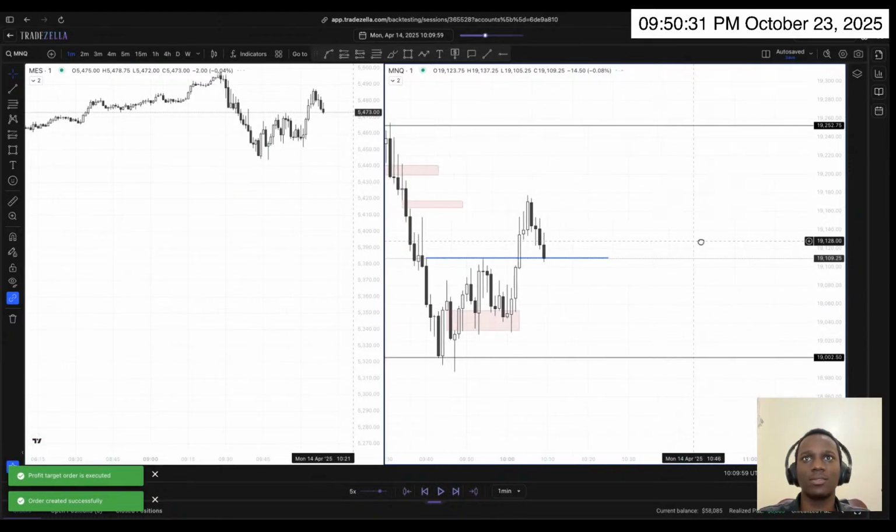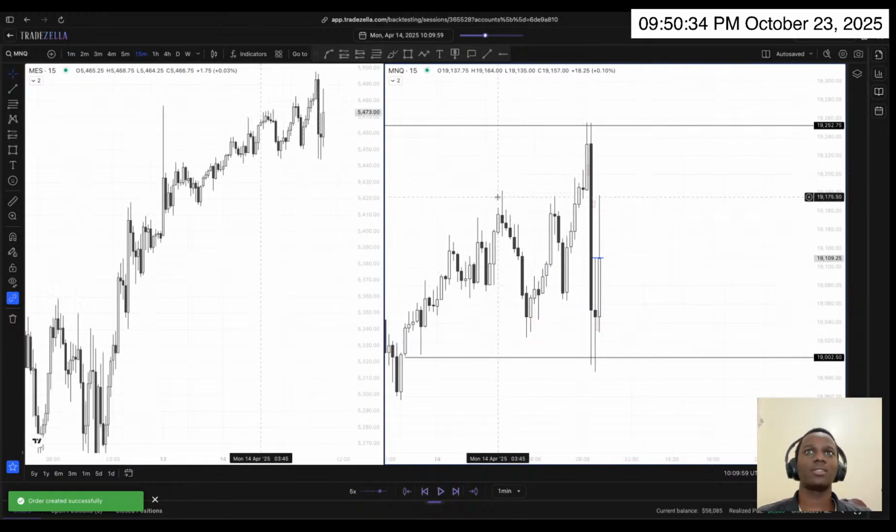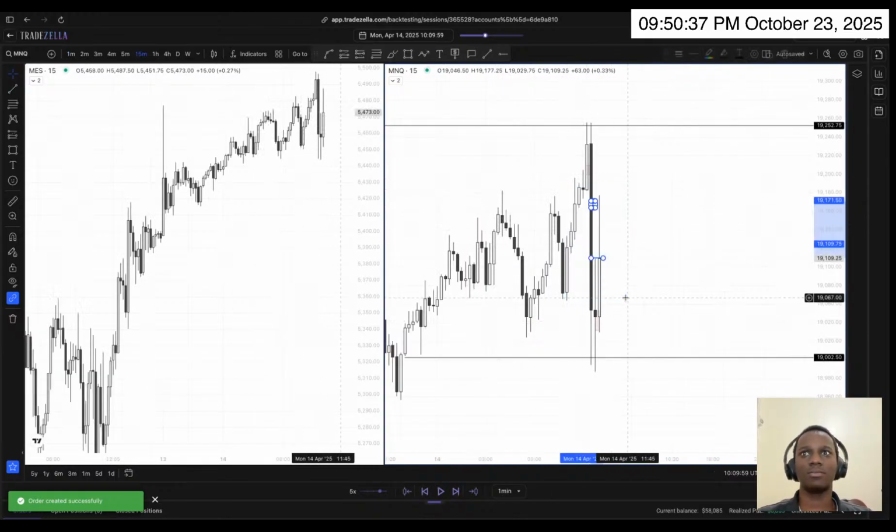And then continue after hitting like there. Looks like it's gonna go lower because we're in the 15-minute gap.